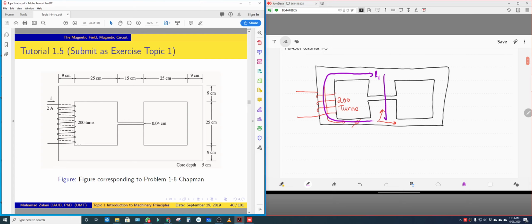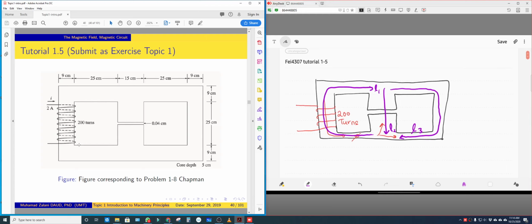The second mean path, which is L2. Then the third mean path, which is L3. Okay. So the dimensions are as given in the question, right?